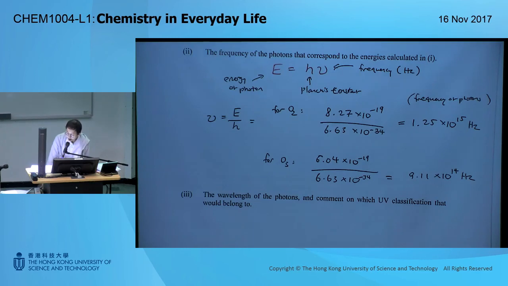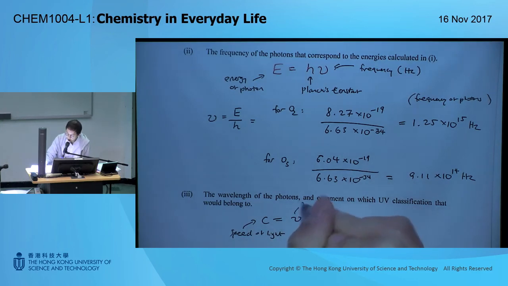So the wavelength of the photons, you have to calculate it. So we have to use another equation: c equals nu times lambda. c is the speed of light, nu we know is frequency, and lambda is wavelength. So if we rearrange to work out wavelength, the wavelength is c over nu.